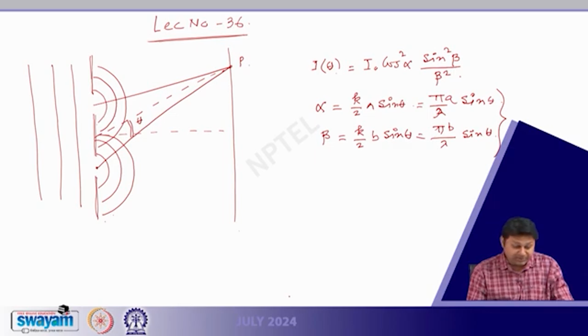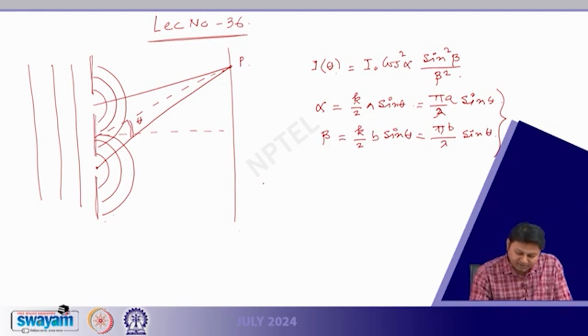Today we are going to discuss this missing order, because when we have the cos square alpha and sin square beta terms multiplied, we have individual zeros and individual maxima for cos alpha and sin beta. So we first need to calculate that diffraction. The cos alpha term comes from interference, and the sin beta divided by beta square term comes from diffraction.